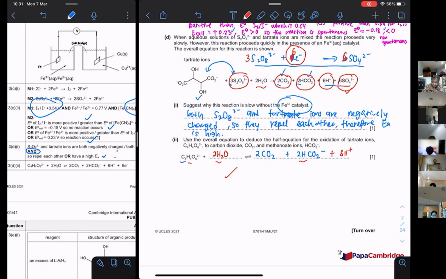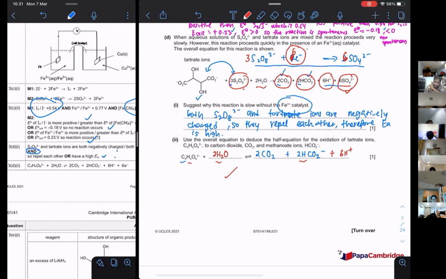Previously they were supposed to have 2 electrons, so they times by 3. The reason they times this with 3 is because they want to eliminate the electron completely. If you have 6 electrons on the left, you must have 6 electrons on the right. Then only they will cancel. If not, they are not going to cancel.